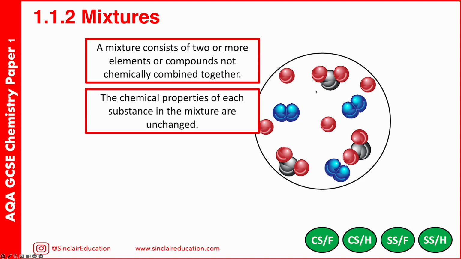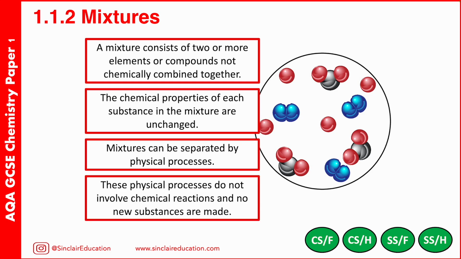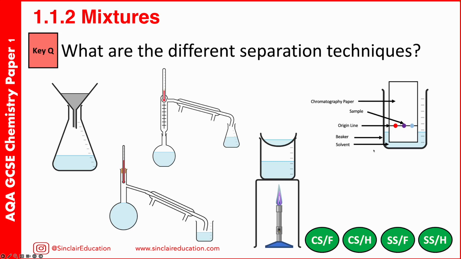Now the chemical properties of everything in this mixture remains unchanged, so each of these molecules keeps its own distinctive properties. Now what this does mean is they can be separated through different processes. There doesn't have to be a chemical reaction here. We're not making anything new when we go to separate these mixtures.